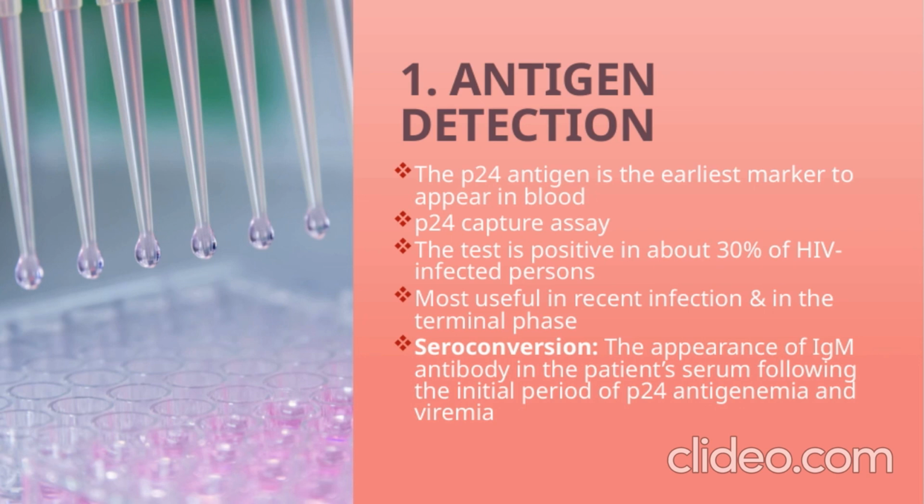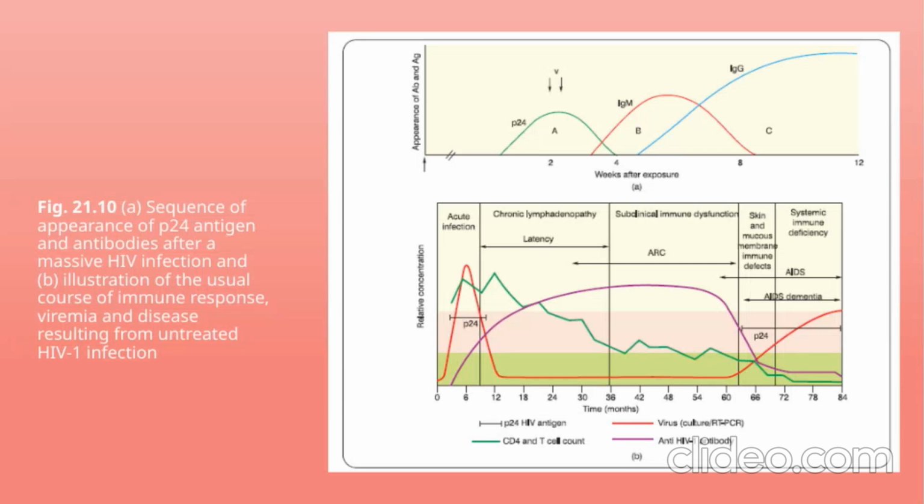Overall, antigen detection like P24 provides an important window for early diagnosis and monitoring, especially in the critical initial stages of infection. Let's take a closer look at Figure 21.1. On the left part, it shows the sequence of appearance of the P24 antigen and antibodies following a massive HIV infection.